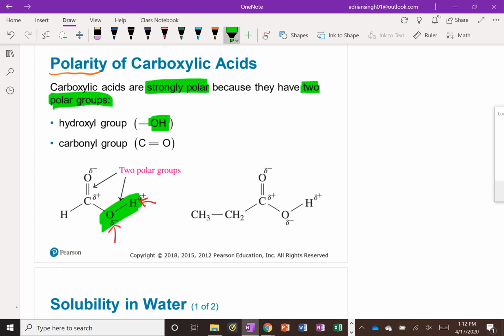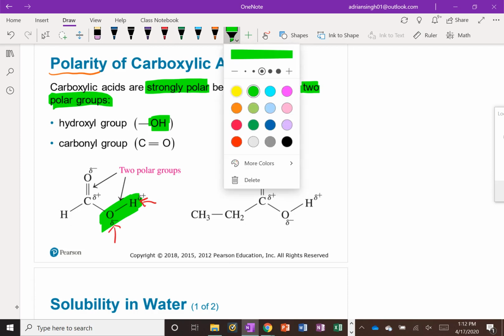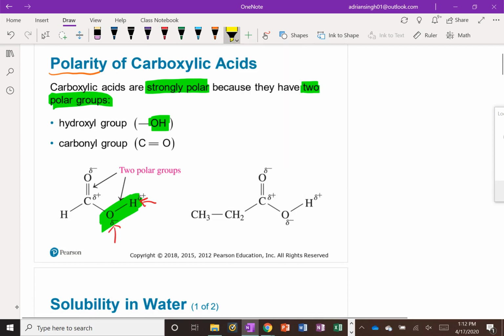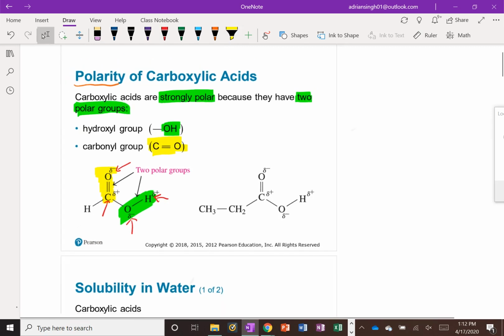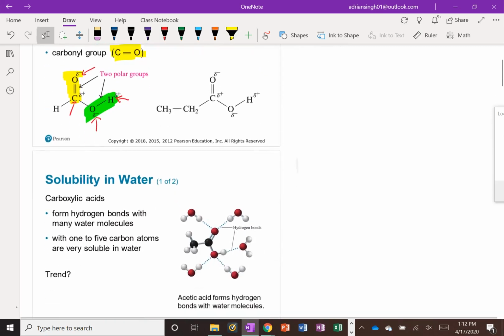But we also have the carbonyl, which we've seen before, the C double bond O, and that is also a polar bond, right? Where the O is going to be slightly negative, and then that means the C is going to be slightly positive. So we actually have 2 polar groups in the carboxylic acid, which makes it a highly polar functional group.